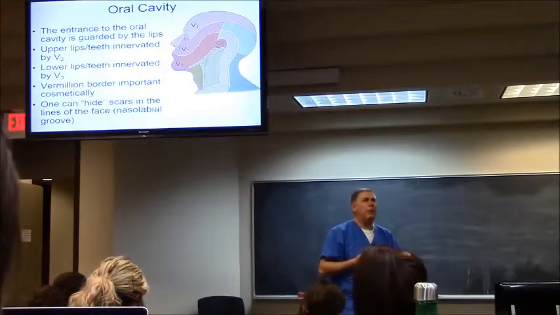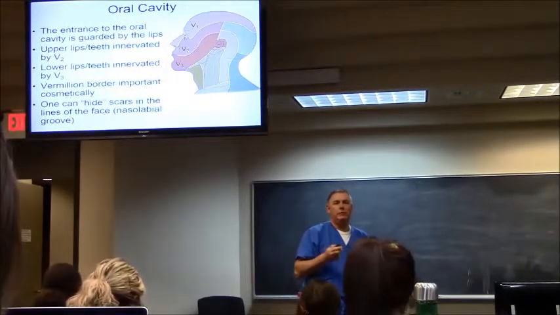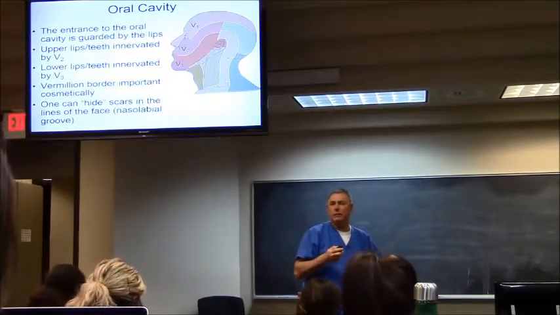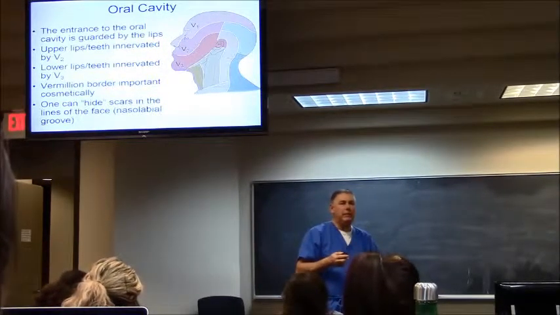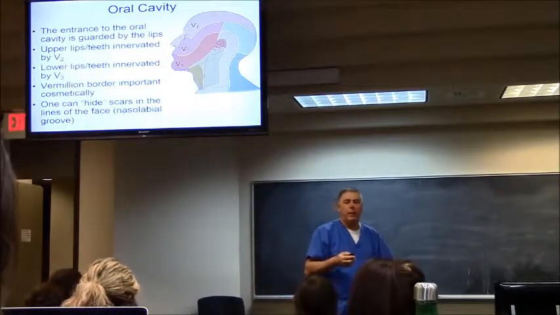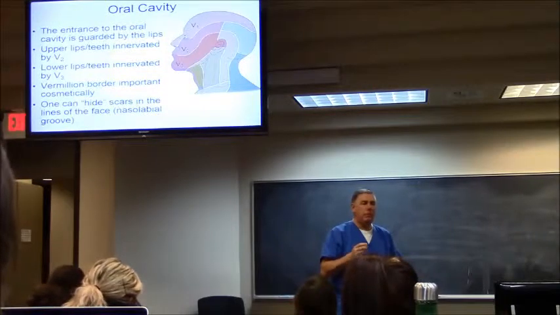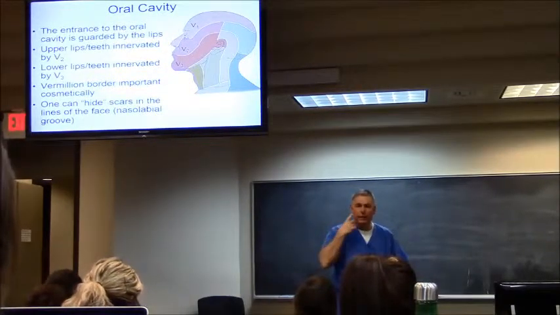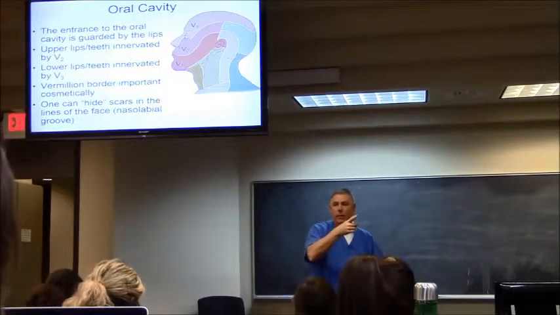The innervation of the area we've been over, but this just re-emphasizes that V2, the maxillary division, innervates the upper teeth. It doesn't innervate the teeth as one nerve, like the inferior alveolar, which is part of V3.